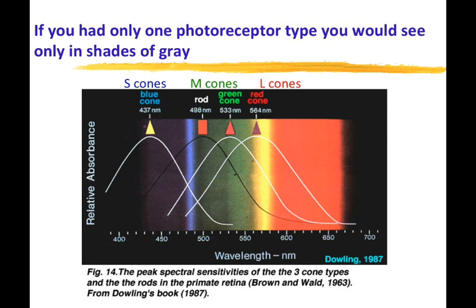So basically, it's kind of like a light sensor detector. More light, more current. If you have only one class of photoreceptors, it's just going to tell you dark, less dark, bright, brightest, right? But it won't tell you what shade of color it is or what hue it is. For this, you need more than one class of photoreceptors.